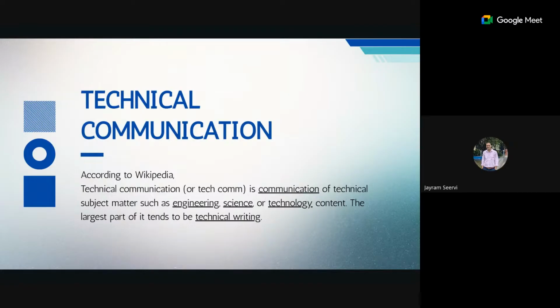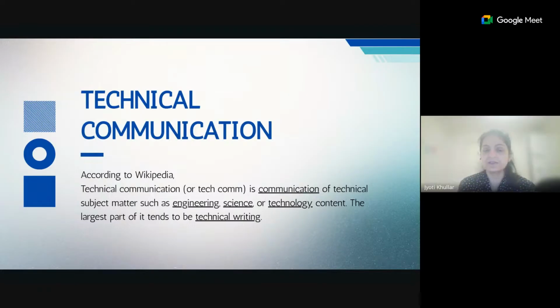And when it comes to software, we are trying to communicate to the team in terms of code, the words which you usually use for software technical writing. So overall we are communicating the technicality to the audience, with respect to the field, I would say.